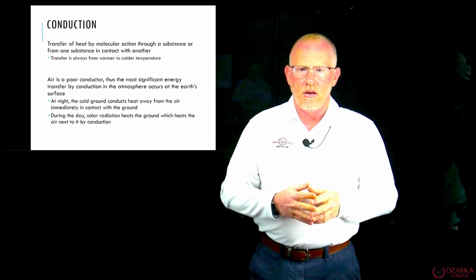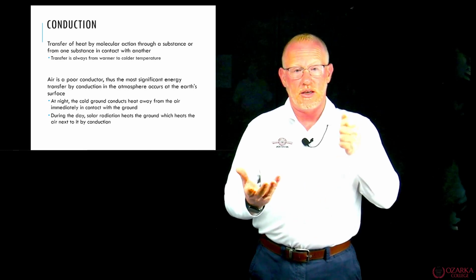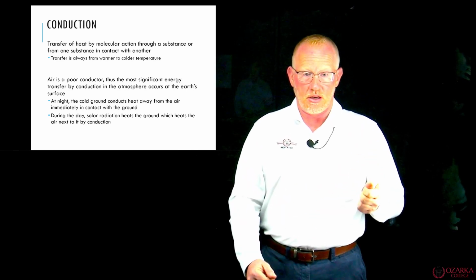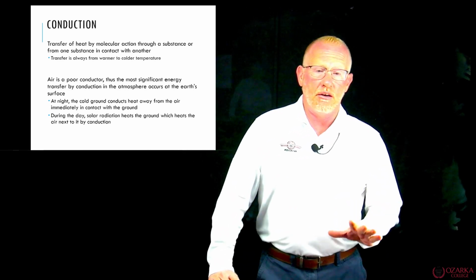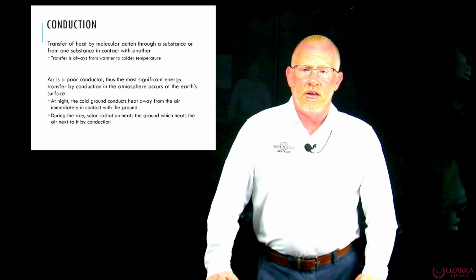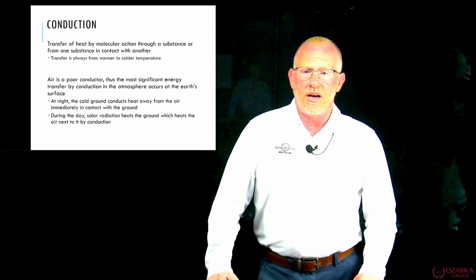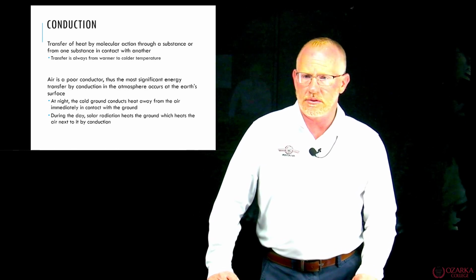Now, it always has to go from a warmer surface to a colder surface. So from warm water to the cold spoon, the spoon gets hot, you have conduction. Okay? Now, air is a poor conductor. Most significant energy transfer by conduction in the atmosphere occurs at the Earth's surface. Okay?